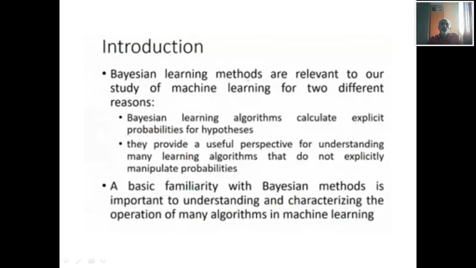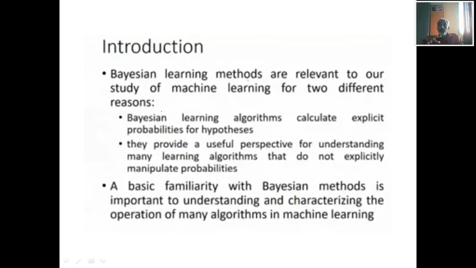Why? Because there are two ways in which we apply Bayesian learning. One is that the Bayesian learning algorithm calculates explicit probabilities for hypotheses. As we already stated, here you can explicitly identify or calculate the hypothesis. When you make a statement that 90% of patients who get the pandemic disease recover from that, and only 10% may not recover, they may have side effects or they may die, or that 80% of patients recover from a pandemic disease, how did you get that 80%?